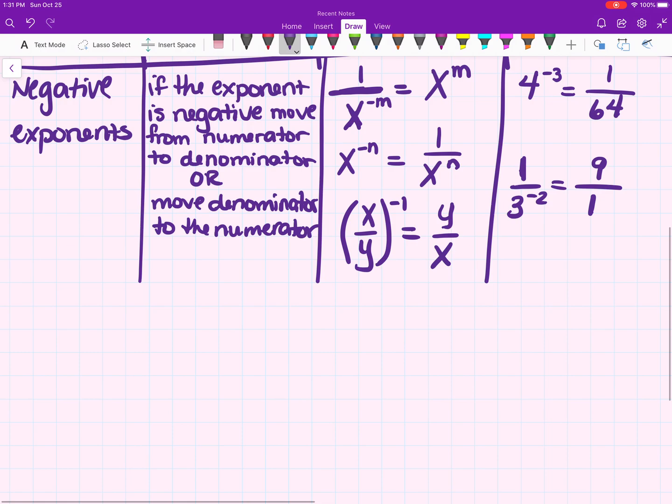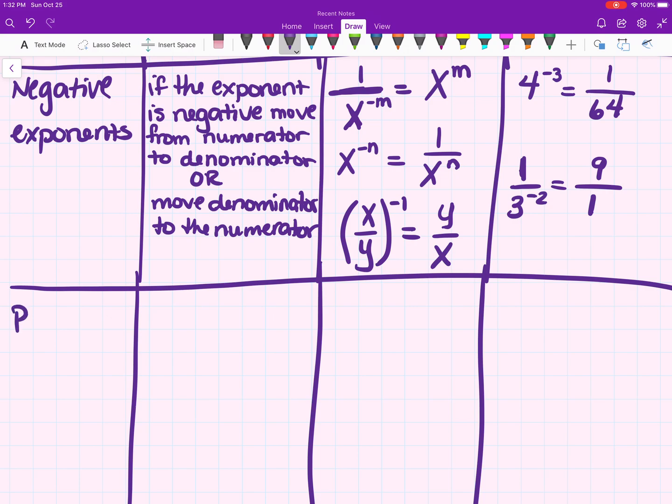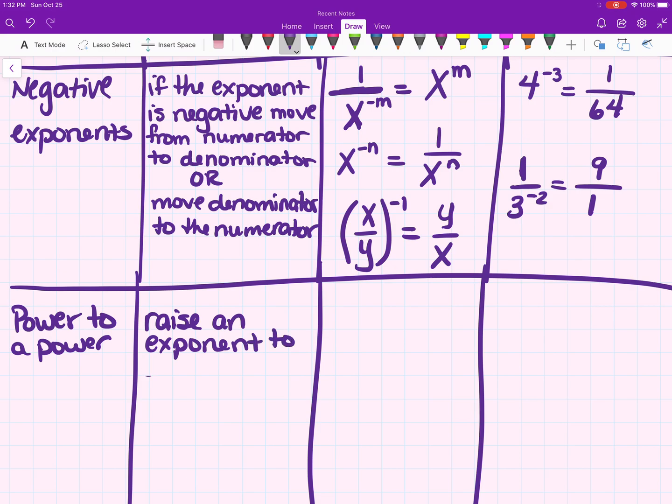Okay, now last thing is power to a power, and then we'll do a couple examples for this unit. Power to a power. If we are going to raise an exponent to an exponent, that's when you multiply exponents.